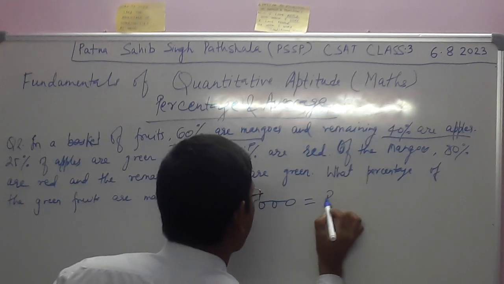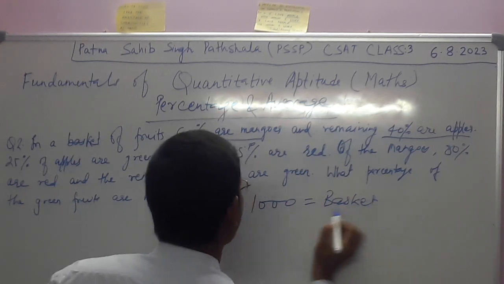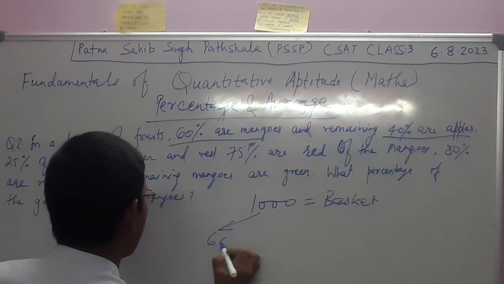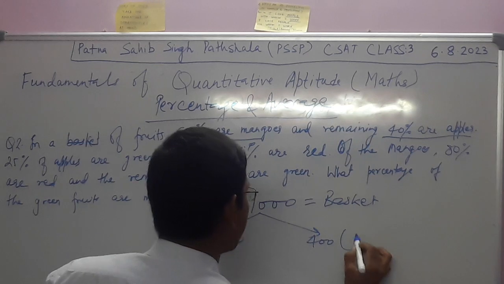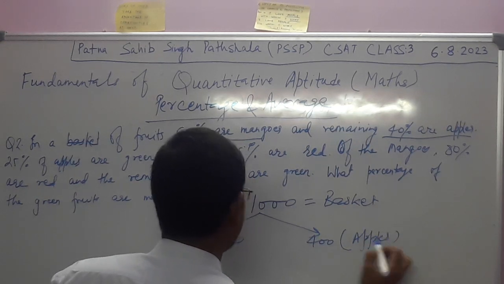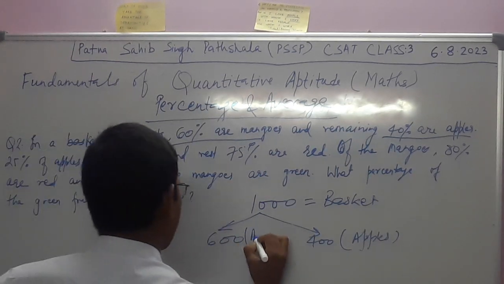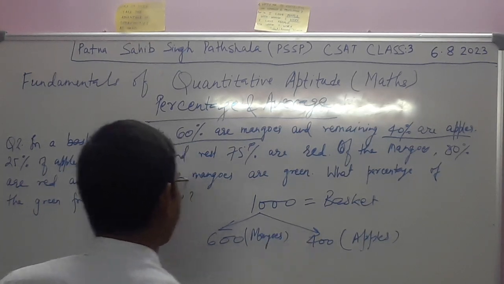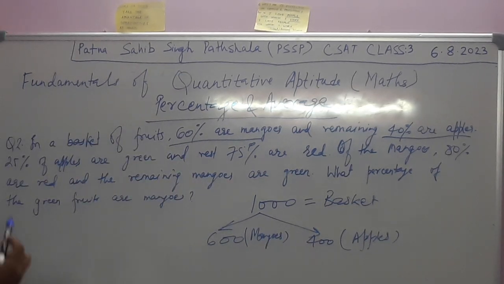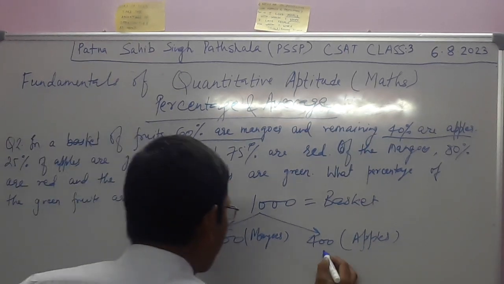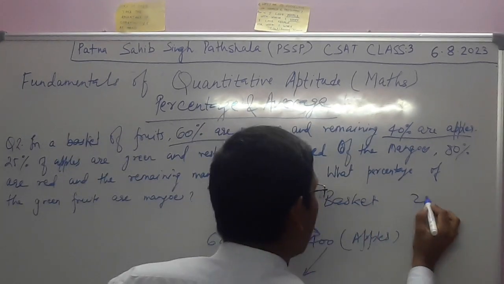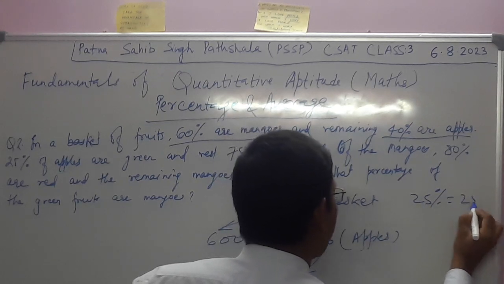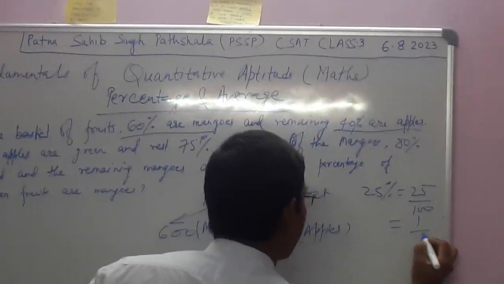Mangoes will be 600 and 400 are apples. 25% of the apples are green. 25% means 25 by 100, that is 1 by 4.